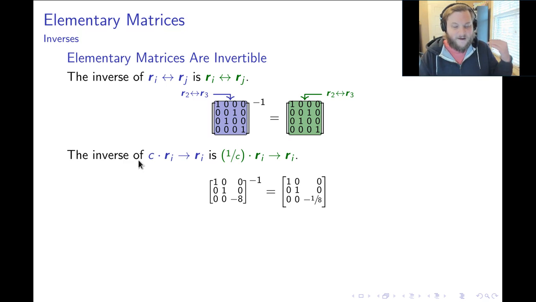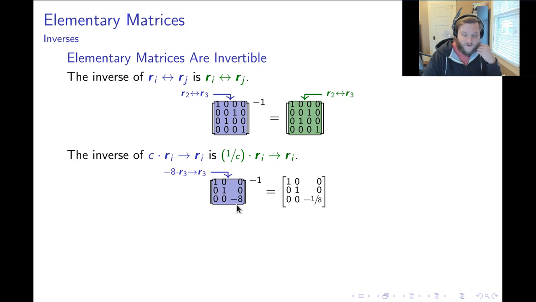Remember that the inverse operation of scaling a row by a number c is scaling that row by 1 over c. So this says that if you want to invert an elementary matrix that corresponds to row scaling, you do the same row scaling, except instead of using c, you use 1 over c. So here we have a 3 by 3 example where the elementary matrix we've constructed corresponded to scaling row 3 by -8.